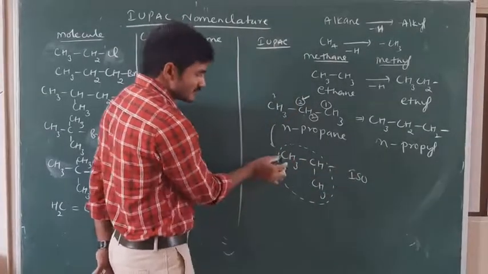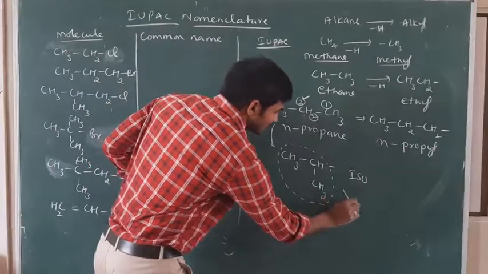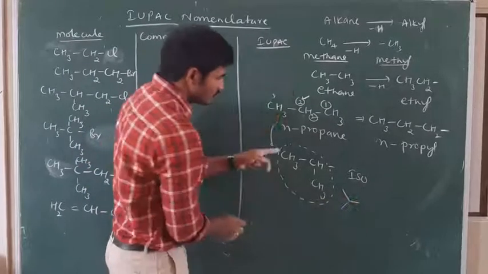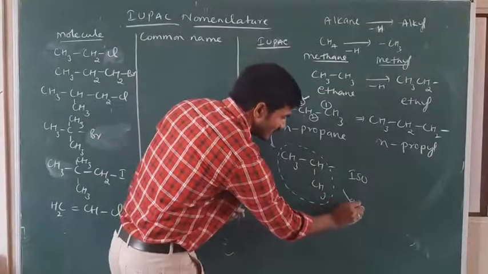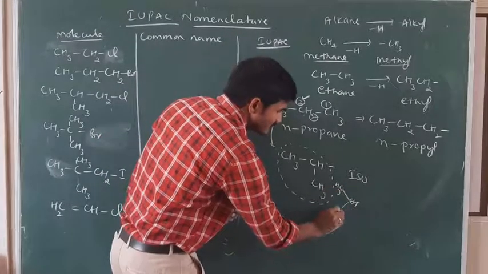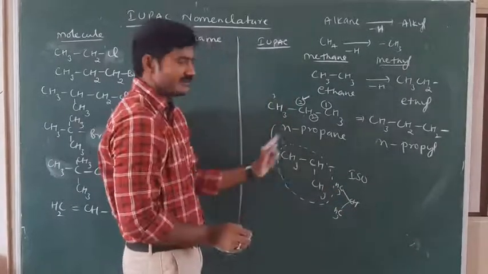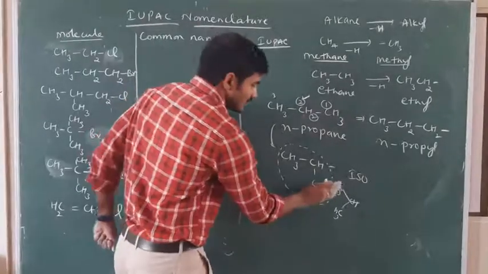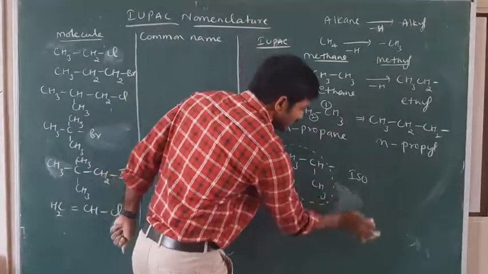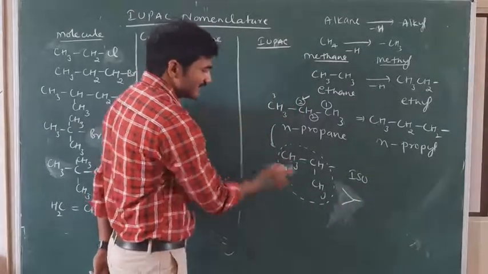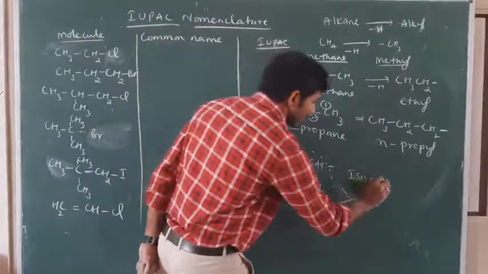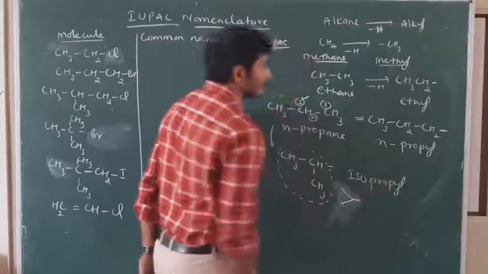The term iso stands for this: between two CH3 groups, one CH should be there. This can be taken as iso. So remember this symbol. How many carbons are here? Three carbons. So I write it as isopropyl.